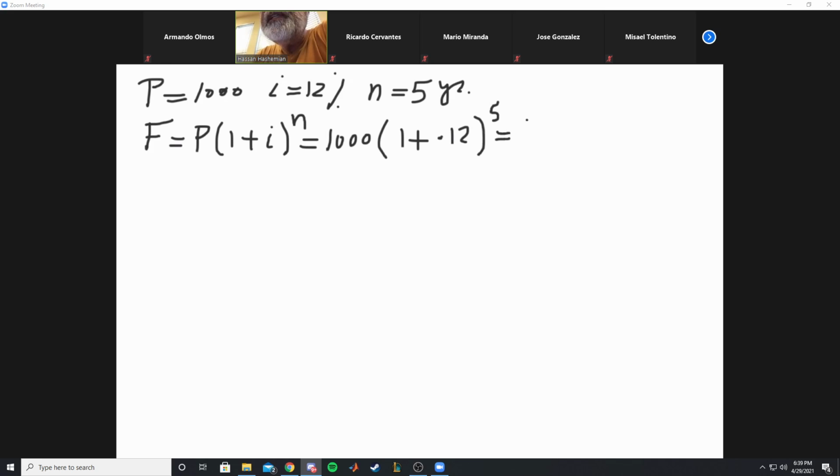And if you calculate that, it is $1,762. As you are seeing here, compared to 1,600 that we did with simple interest, 1,762 is much higher because you get interest on interest. Any question how we did this calculation? All right. Now this is compounded annually.